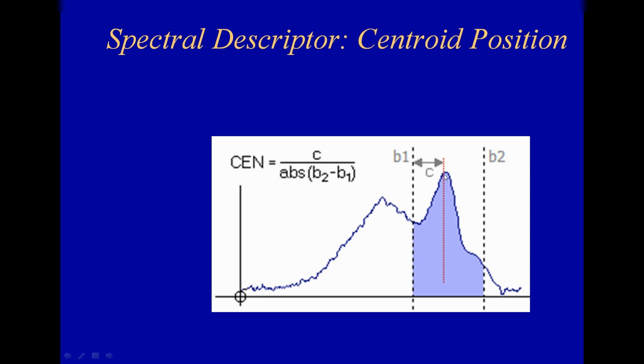So if the peak just shifts for some reason, then the centroid will shift, and of course this quotient as defined here will change, and this spectral descriptor can change between 0 and 1, as is obvious from this formula.